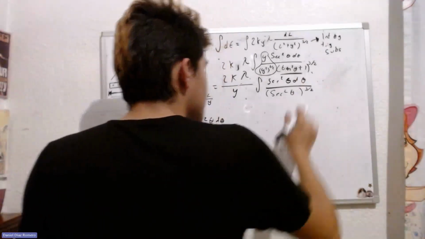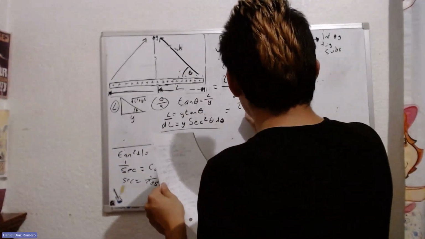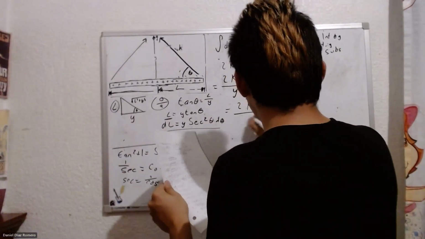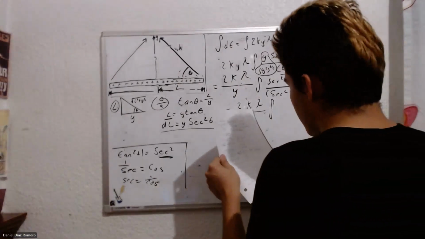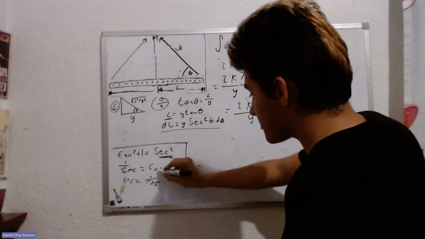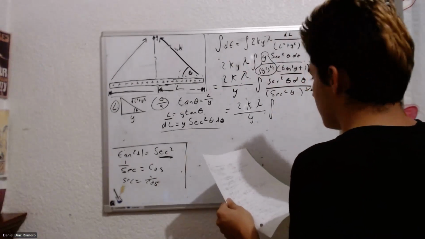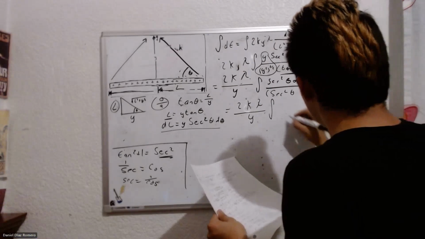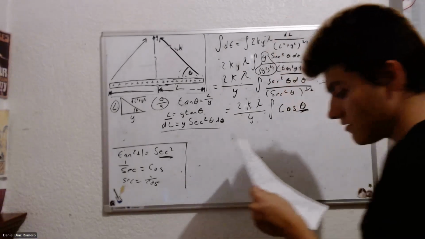So that would be the same as having 2k lambda over y, now with the derivative of, remember, 1 over secant, cosine of theta.